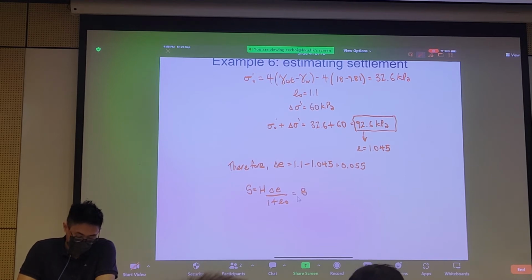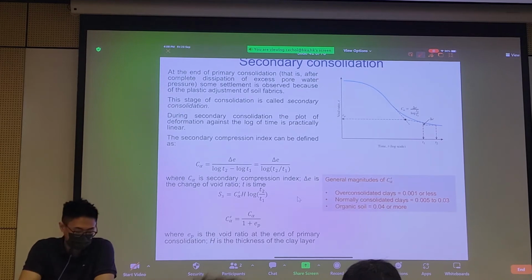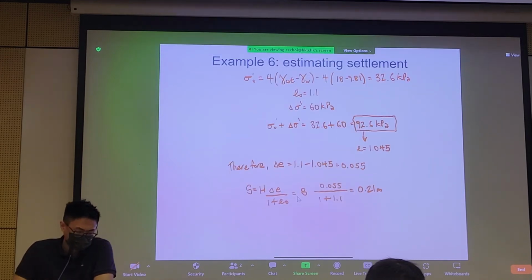Initial thickness 8 meters, delta e is 0.055, initial void ratio is 1.1. So your settlement is expected to be about 0.21 meters, which is about 210 millimeters.